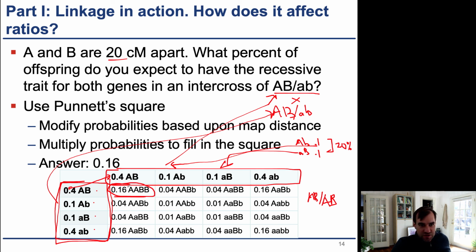So the answer is 16% of the animals would have that. Same thing with the recessive. So if you asked how many are homozygous recessive, the answer would be 0.16. And then you can also ask, how many of this genotype? And so we would group these two squares together because they would have the same one. So 0.08 would have this genotype.